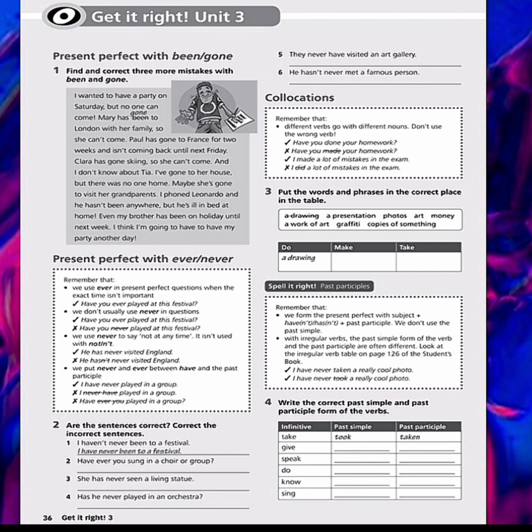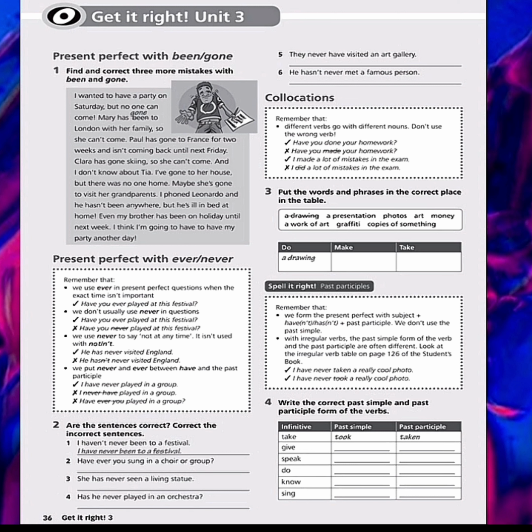Workbook, page 36. Get it right, Unit 3. Section 1. Find and correct 3 more mistakes with been and gone. Section 2. Are the sentences correct? Correct the incorrect sentences. Section 3. Put the words and phrases in the correct place in the table.